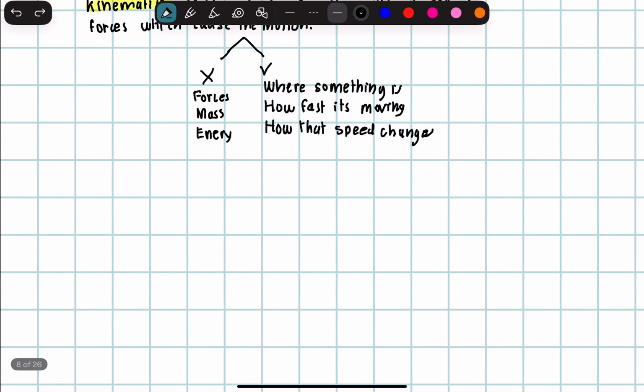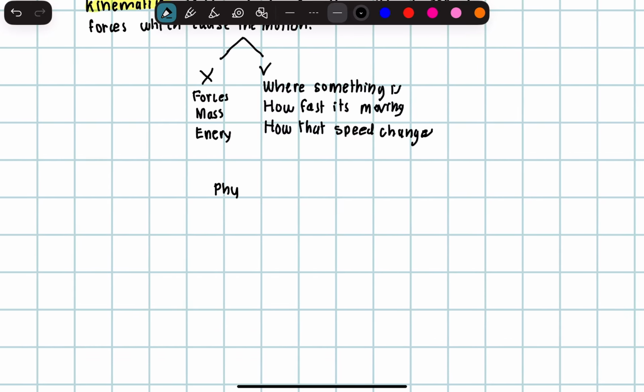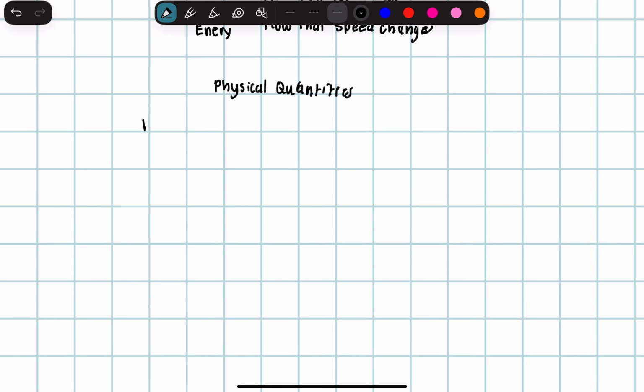So what are the physical quantities that we need? First, we can start off with position. Position is where an object is on a number line.